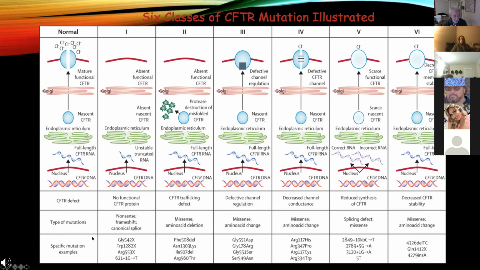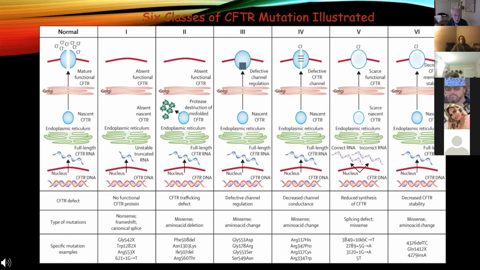So as I said, the different types of mutations here, the names of the mutations for each one of these classes, and you will be assigned probably one of these. But whichever one it is, you'll need to do research on it to determine what's wrong with the protein. Is it a point mutation?